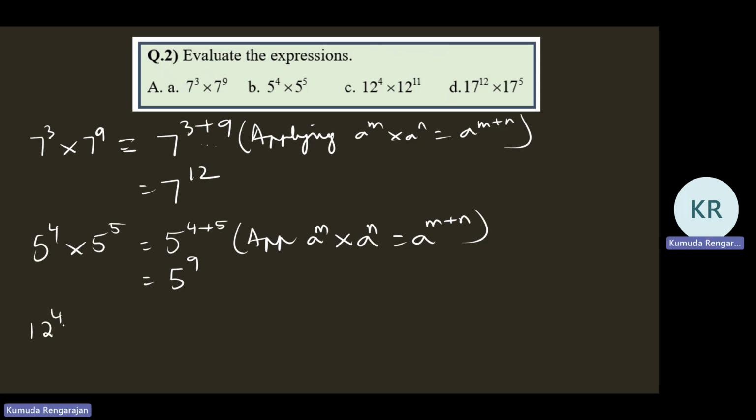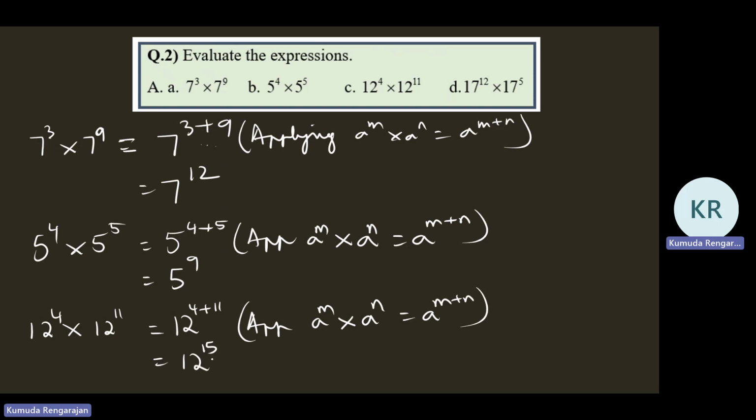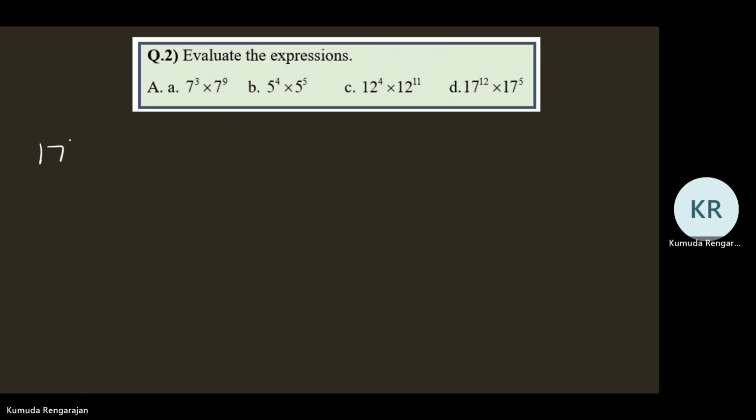Next, Anirudh. 12 raised to the power 4 plus 11. Applying a raised to the power m into a raised to the power n is equal to a raised to the power m plus n. Very good. So 12 to the power 15. Done one. Next one. 17 raised to the power 12 plus 5.